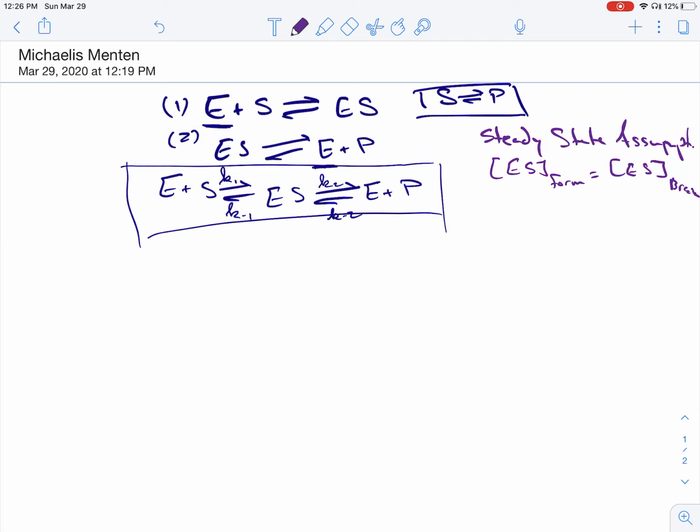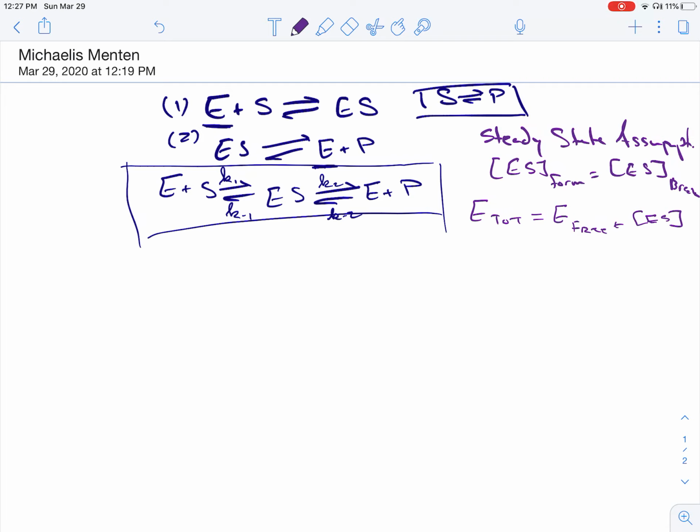The second is this, that we can define a total enzyme concentration that is equal to the amount of enzyme that's free plus the amount of enzyme that is bound in complex. That makes sense, right? E total is equal to what isn't bound plus what is bound.